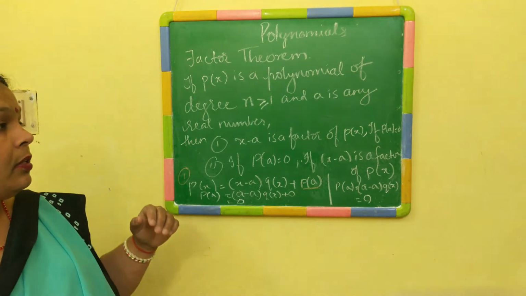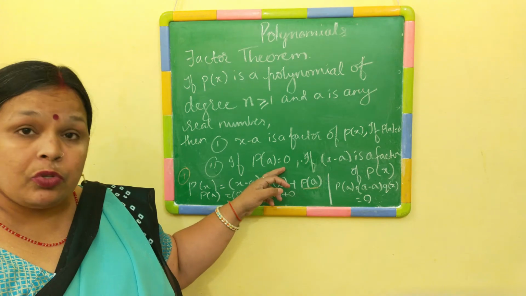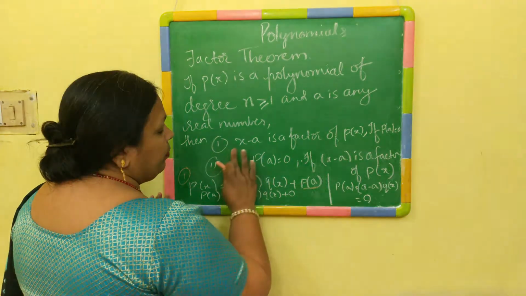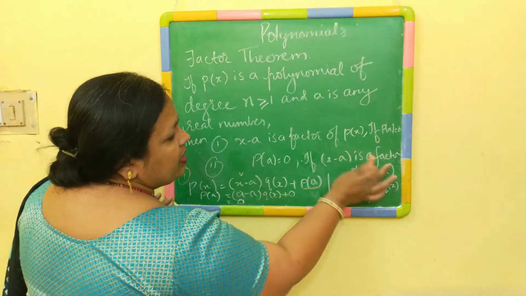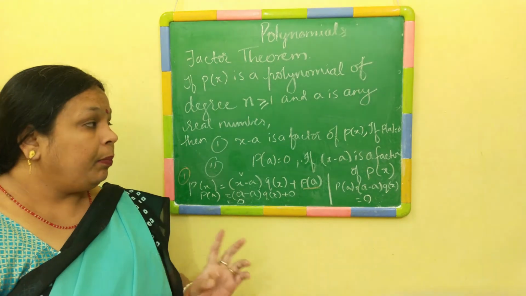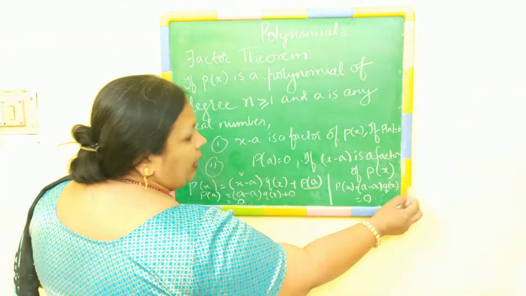In the second case, the reverse condition: if x minus a is a factor, then p(a) is equal to 0. Recall from the remainder theorem, if x minus a is a factor, you will get the remainder as 0. So the remainder part is 0.